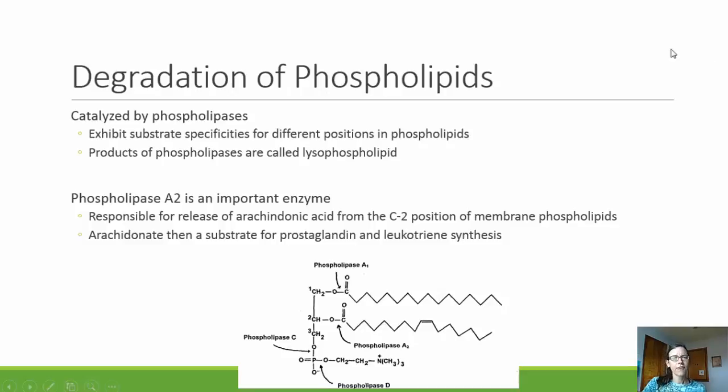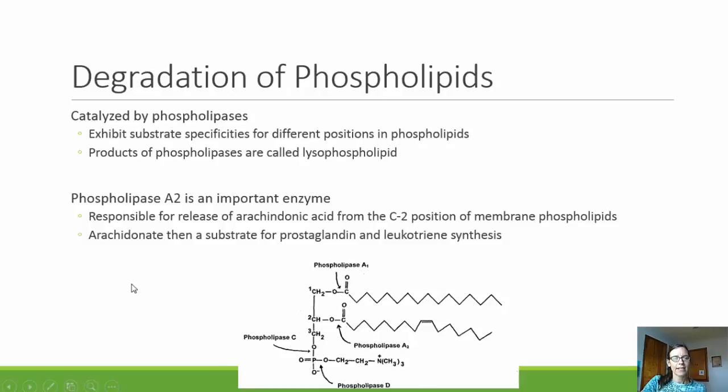And the specific phospholipases target different fatty acids on different carbons. So they might target a C1 or a C2 fatty acid. And one of the most important of these that we focus on is phospholipase A2 because it is responsible for the release of arachidonic acid from the C2 position of membrane phospholipids.